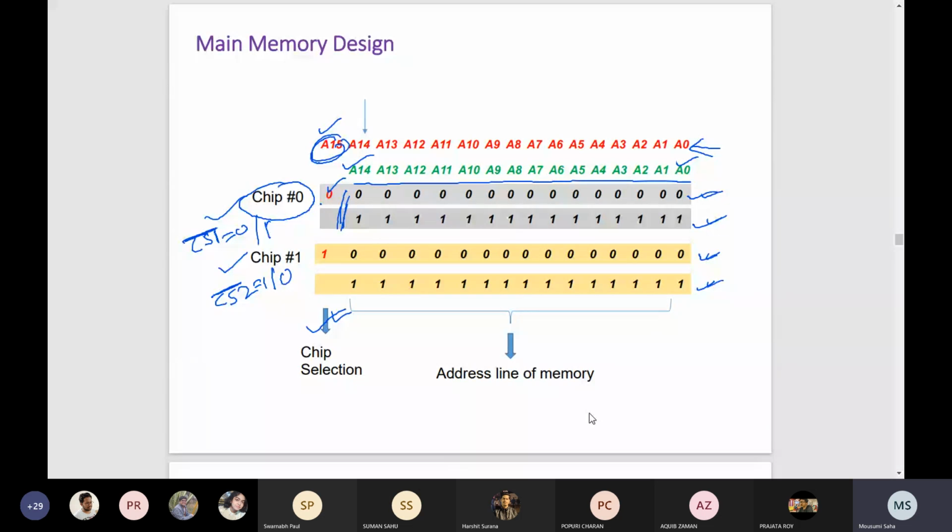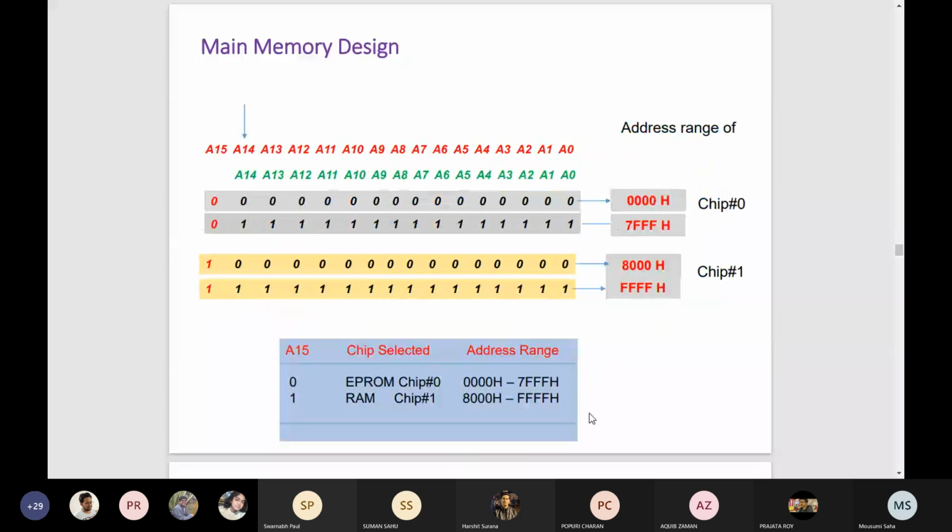Now if we consider in this fashion, what will be the memory address range? See that for a single chip, A15 is constant, and for the second chip also A15 is constant.